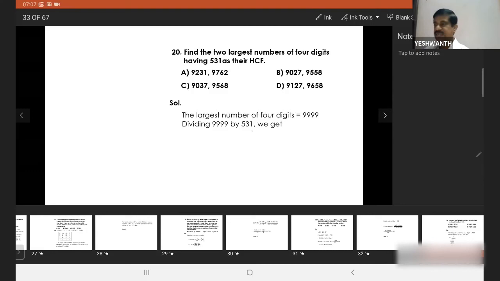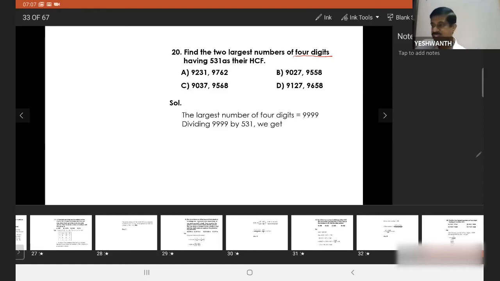Okay, the largest number of 4 digits. Since we said 4 digits, the largest number is 9999. If you add 1 to it, it becomes a 5-digit number.